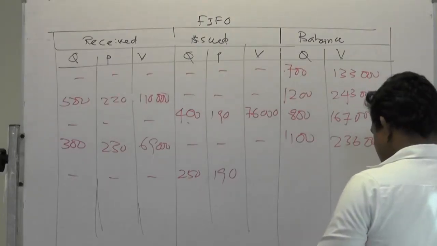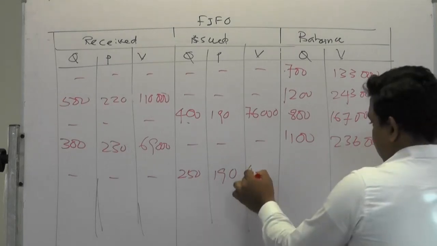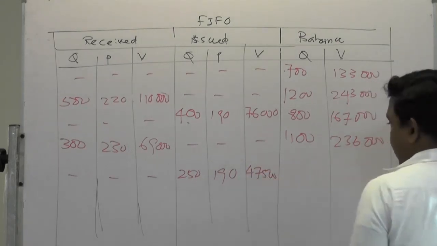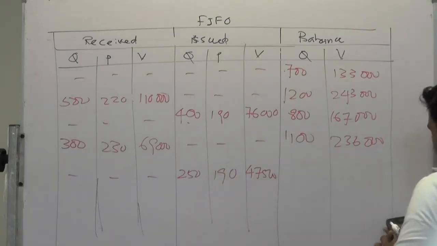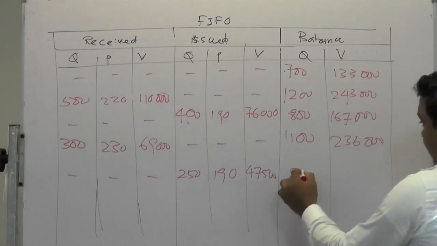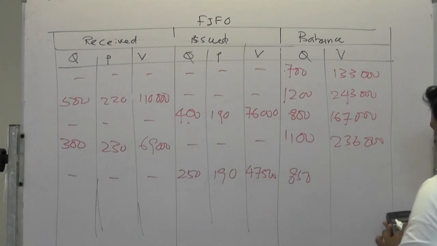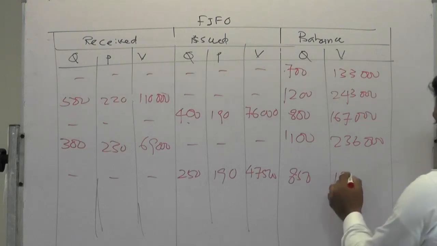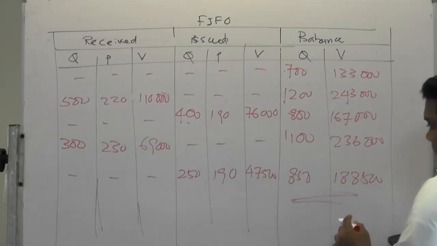Therefore 250 multiplied by 190, 47,500. 1100 minus 250, remaining quantity 850, value 236,000 minus 47,500, value will be 180,500, right? This is the closing inventory.